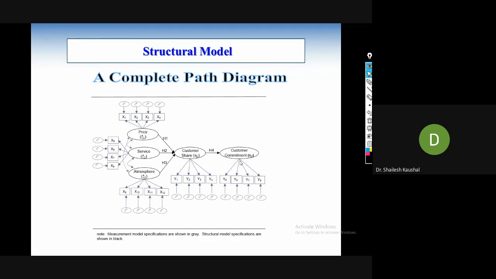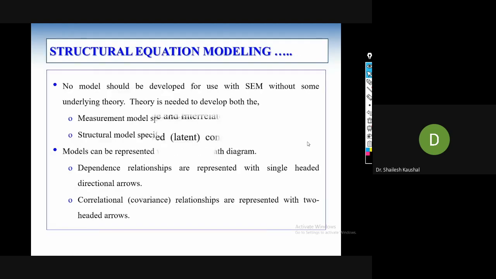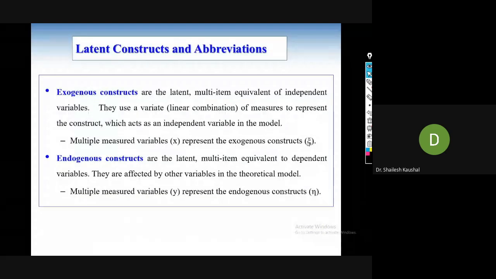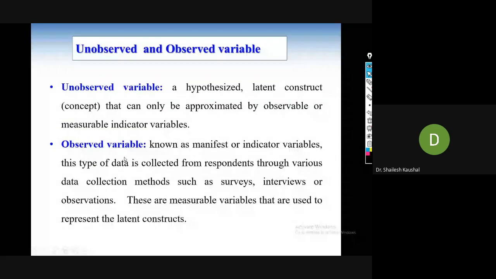But when we find the relationship between customer commitment and customer share, then customer commitment will be endogenous and customer share will be the exogenous construct. Now we have understood the concept of exogenous and endogenous constructs.